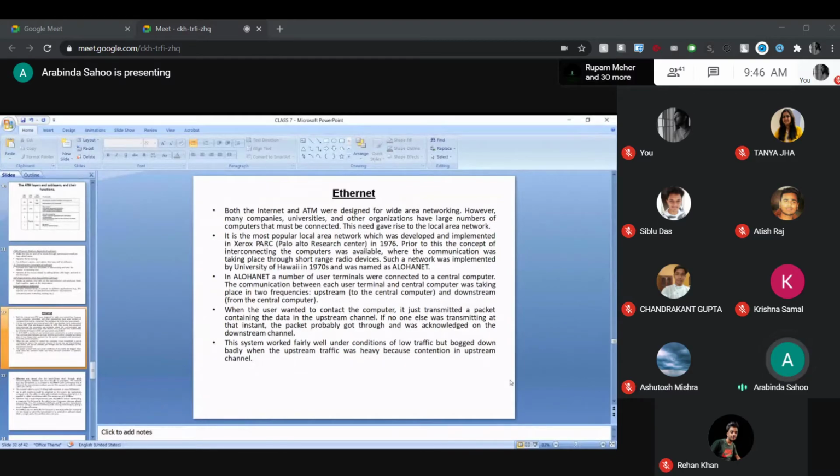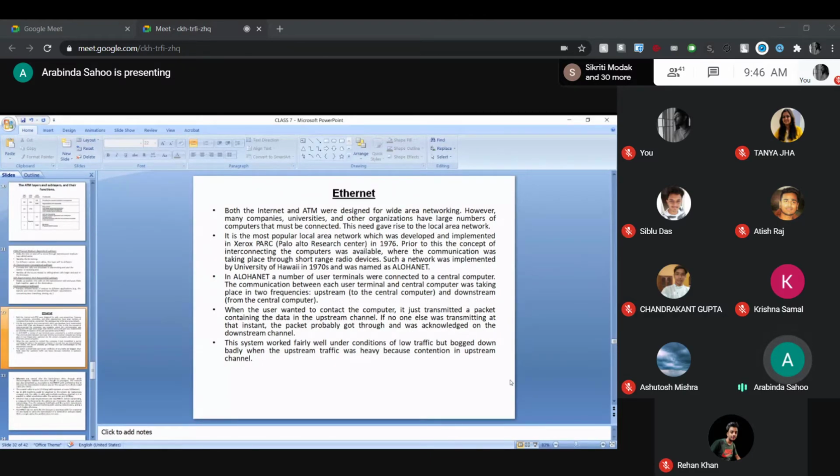This is known as the first local area network, your Ethernet.